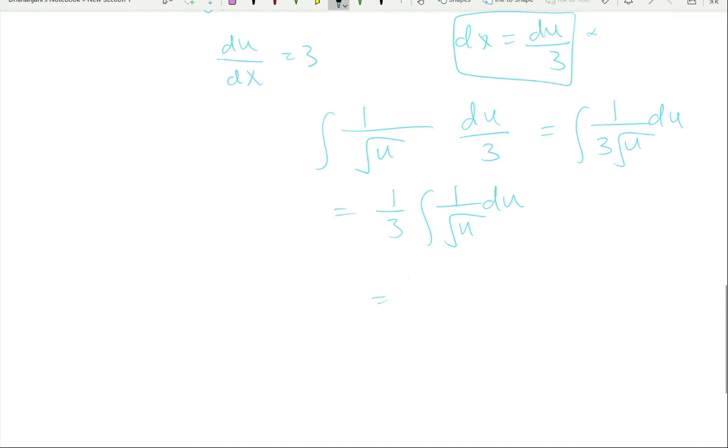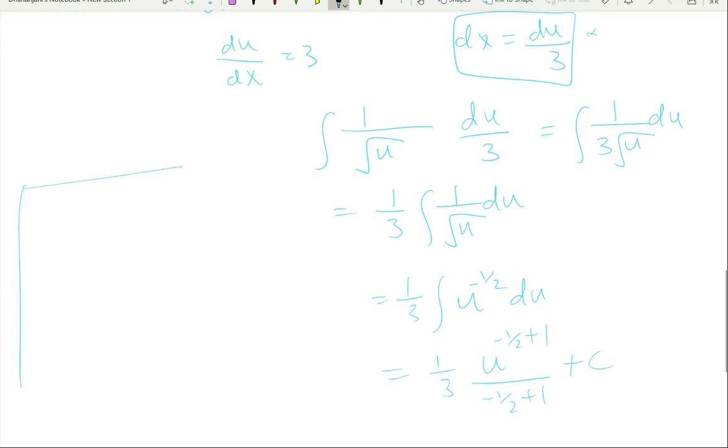Okay, so now as we saw in the previous problem, 1 over square root of u is u to the negative half. I did that really quick. So 1 over 3, if you integrate u to the negative half, it's u to the negative half plus 1 over negative half plus 1 plus an arbitrary constant c.